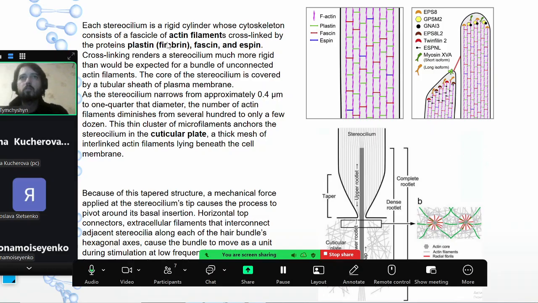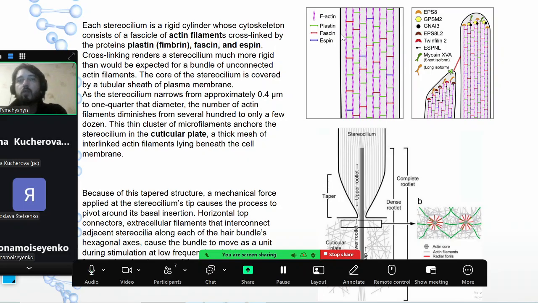So here are just a little bit of biochemical details regarding the stereocilia. Here you see that each stereocilium is just a rigid cylinder with a cytoskeleton that contains some actin filaments and some proteins like fimbrin, fascin, espin.